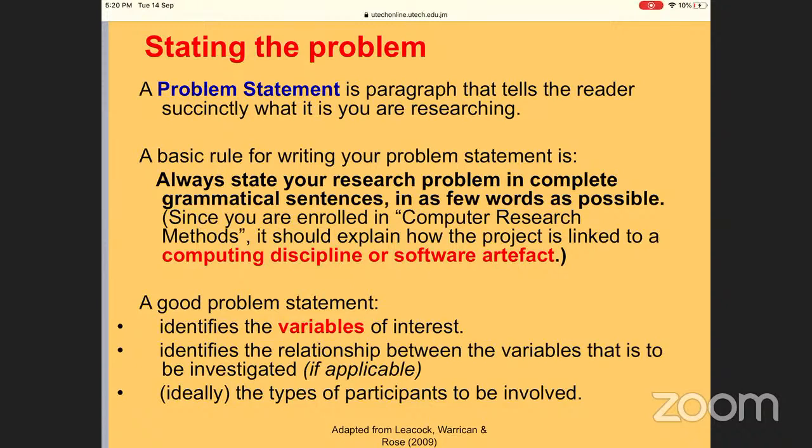Or it's unclear whether fear of COVID is associated with death by COVID. How about that? I have no idea if those two things are associated, right? I just wanted to bring up something where we don't know what the relationship is. But the point is, in a problem statement, you can talk about the relationship.